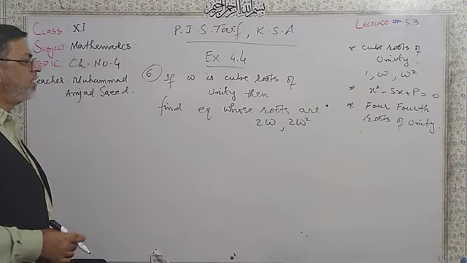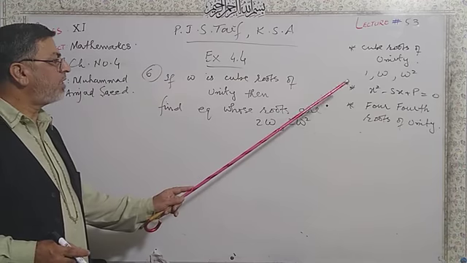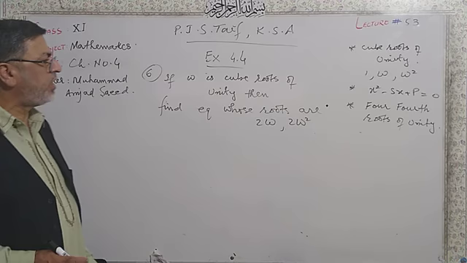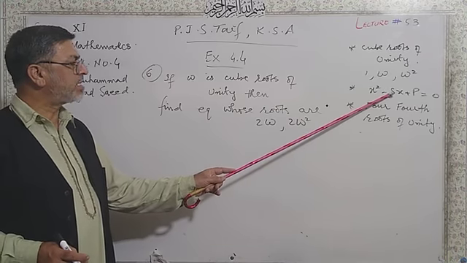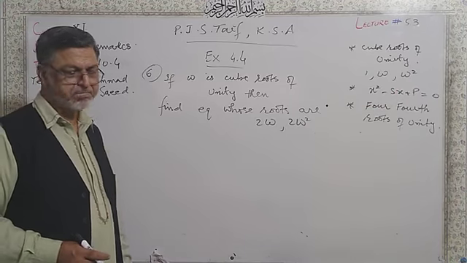Remember that whenever the roots are given, then we will apply the formula x square minus Sx plus P is equal to 0, where S means sum of roots and P means product of roots.